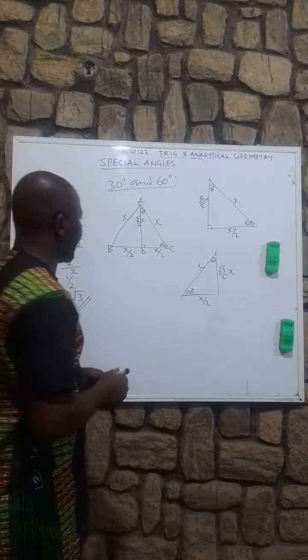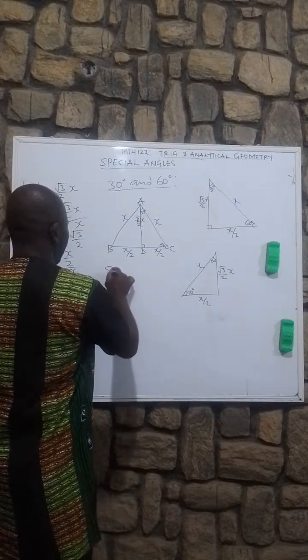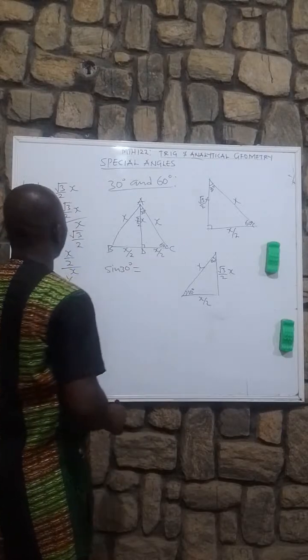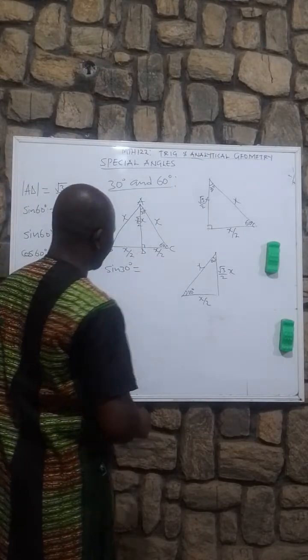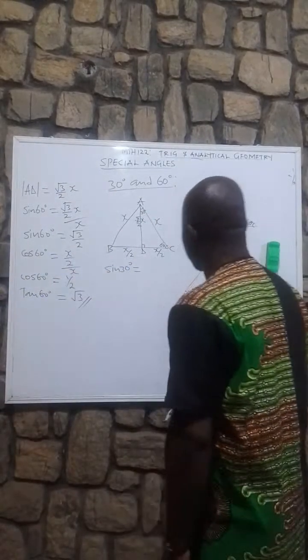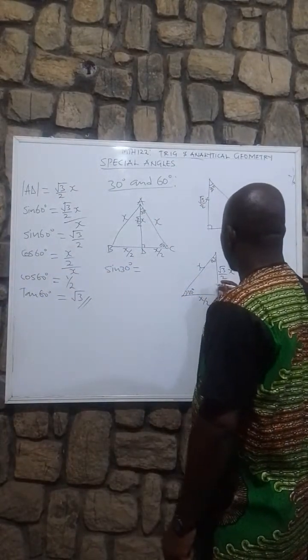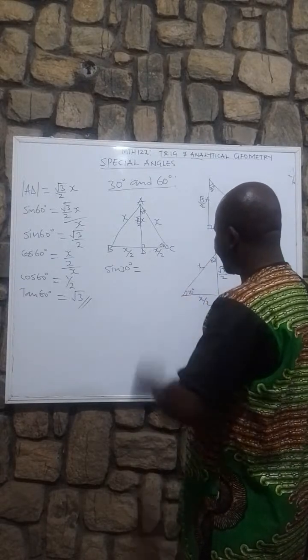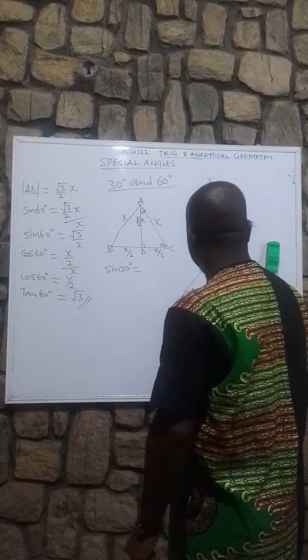Okay, so let's look at it together. So our sin 30 degree is equals to the same approach, which is what? Opposite all over what? Hypotenuse, right?